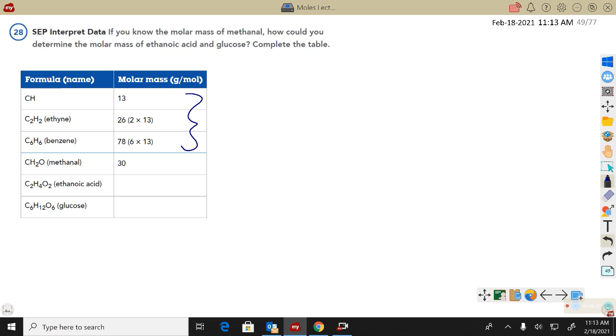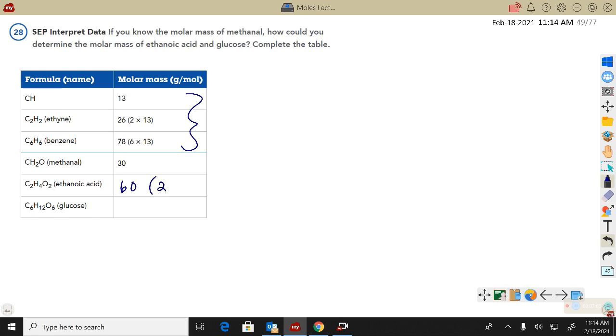So using that pattern, what if I have a ratio of 1-to-1 for methanol and the molar mass is 30 grams per mole? Now I see that I just doubled the ratio in ethanoic acid. Now it's 2-4-2. You can just double that mass. The mass should be about 60 grams per mole, right?